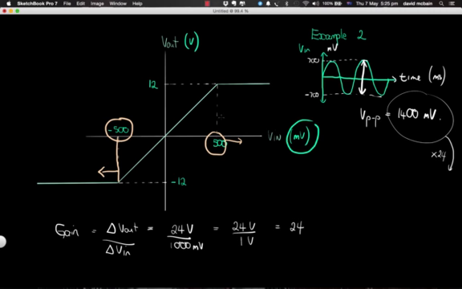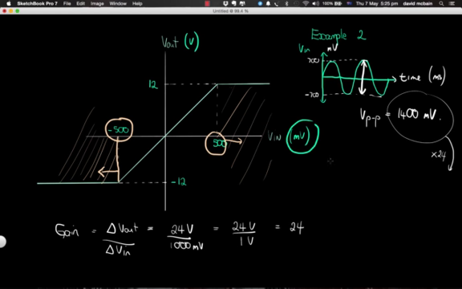In other words, even though the input is increasing, the output still remains at 12 volts. So any input voltage that extends beyond negative 500 or goes beyond positive 500 will be clipped. Okay? It will be clipped.